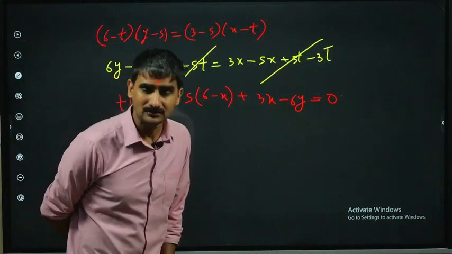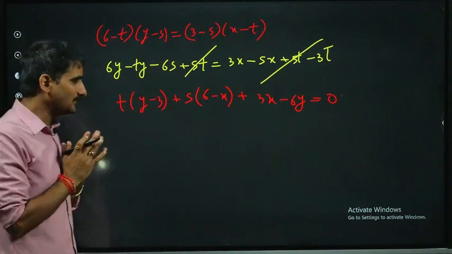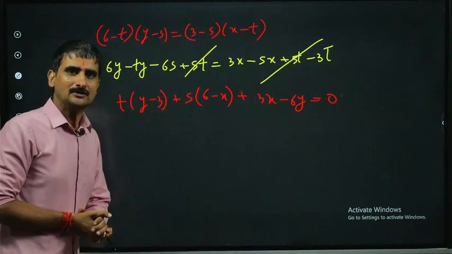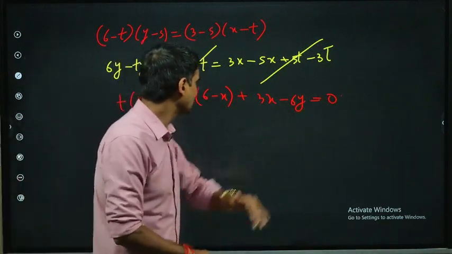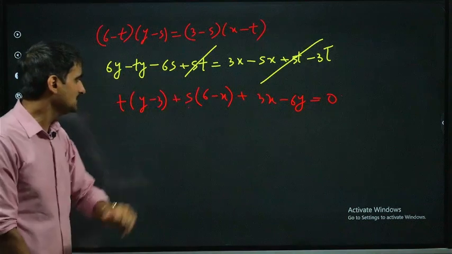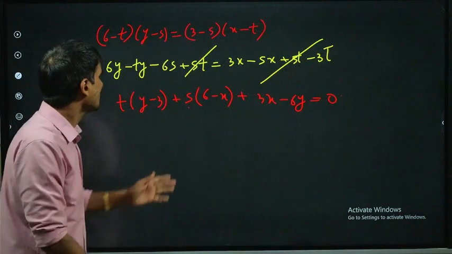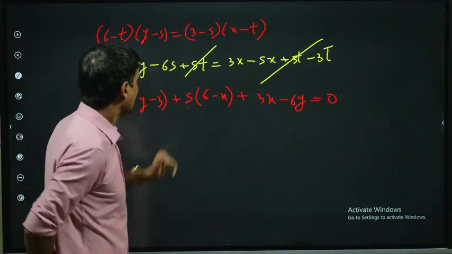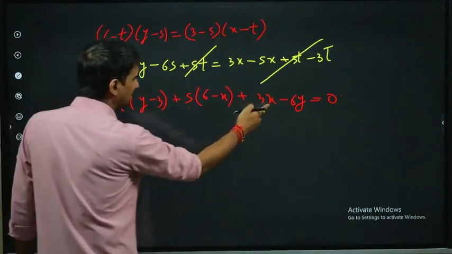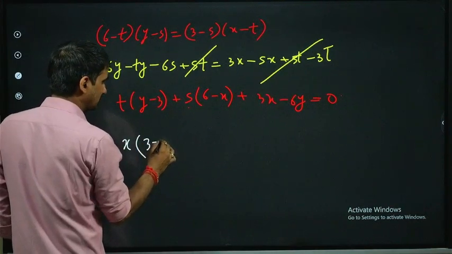That's what we got. Now see, can we have an s and t here, or maybe x and y, which satisfy all this? Let us collect the terms for x, which is 3 minus s.